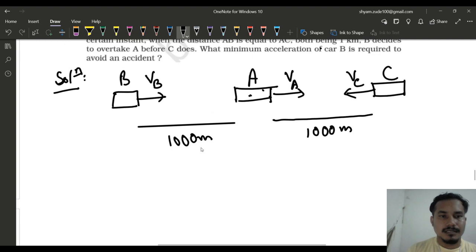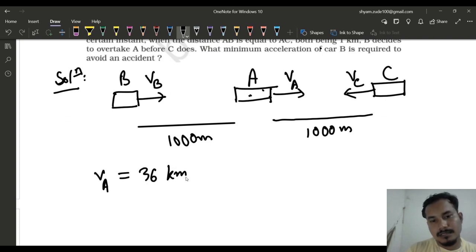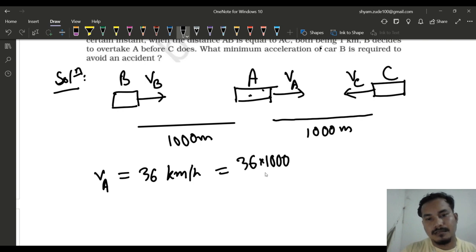So here the individual speeds: speed of A is equal to 36 kilometer per hour, which is 36 into 1000 divided by 3600 meter per second, equal to 10 meter per second.